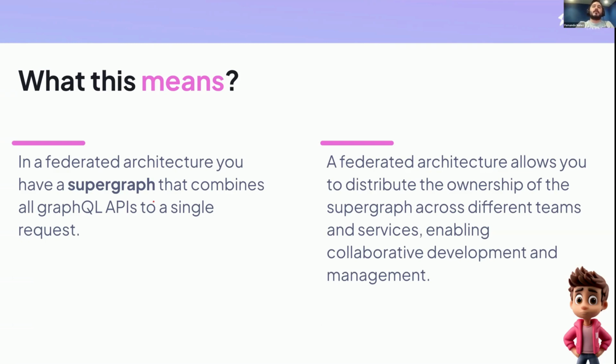The supergraph knows how to trigger the different subsequent requests to get the data and gather everything together to respond to just a single request. A federated architecture allows us to distribute the ownership of the supergraph across different teams and services, enabling collaborative development and management.